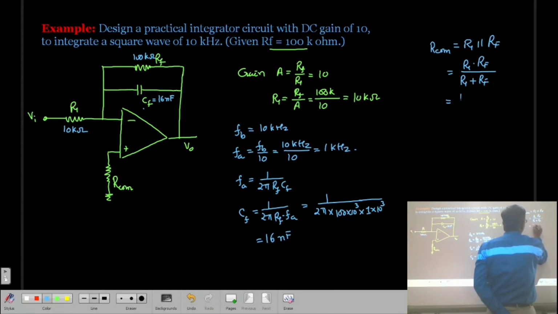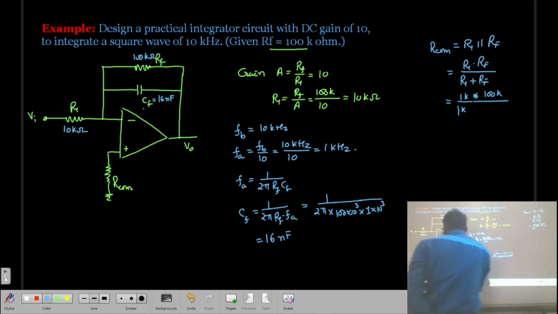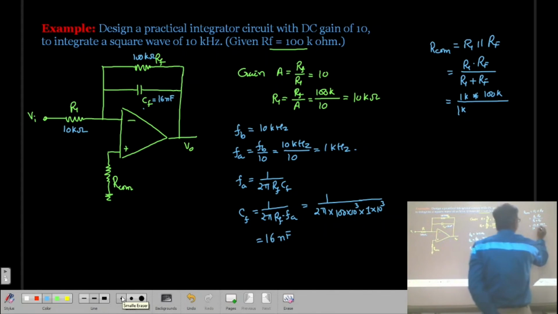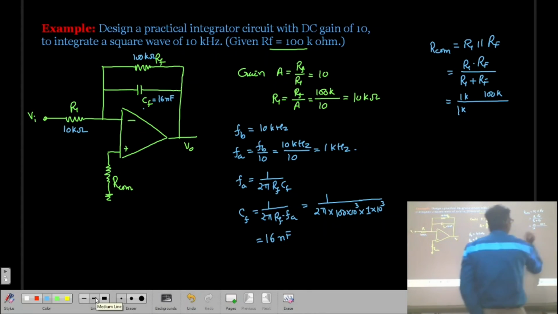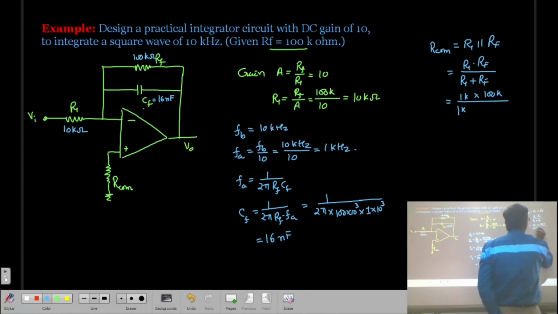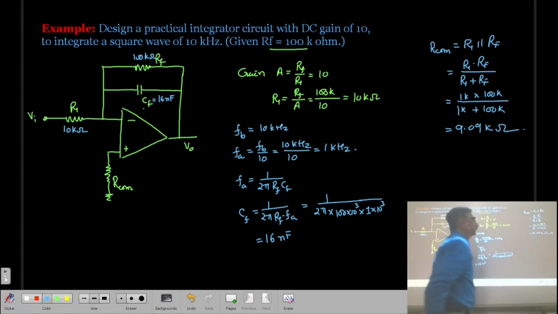Here we have 10 kilo multiplied by 100 kilo divided by 10 kilo plus 100 kilo, and this will come out to be 9.09 kilo. So here we connect a resistance of 9 kilo ohm.